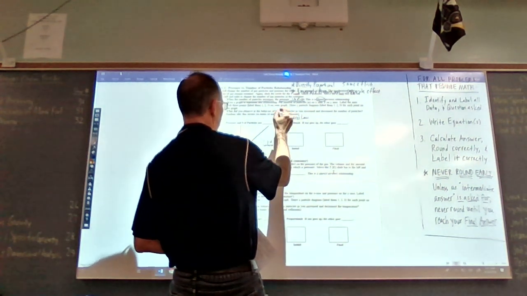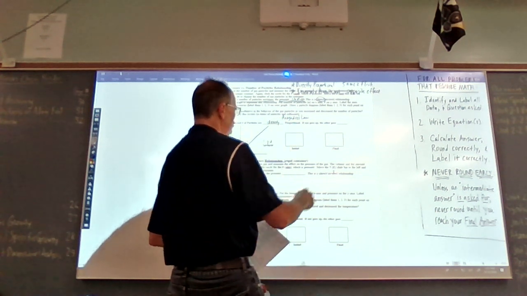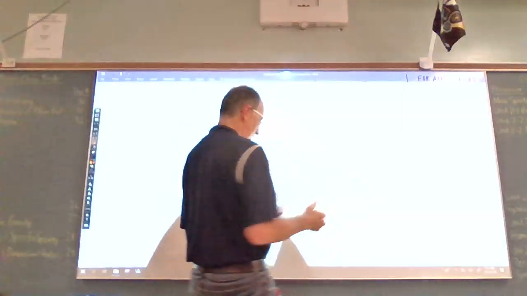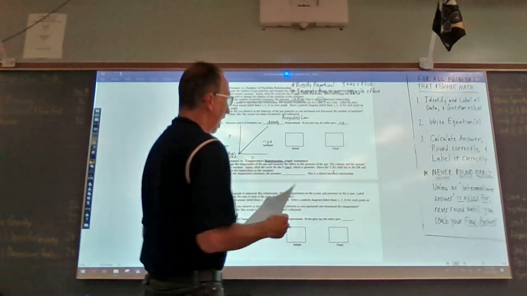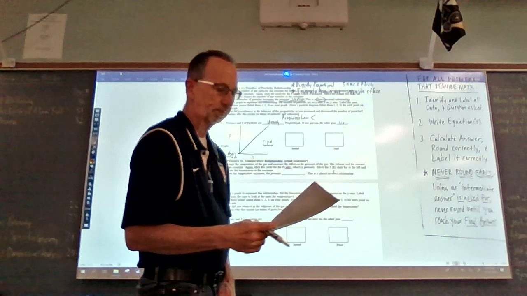Pressure and number of particles are directly proportional. If one goes up, the other goes up as well. All right, Avogadro's law actually has 2 scenarios.